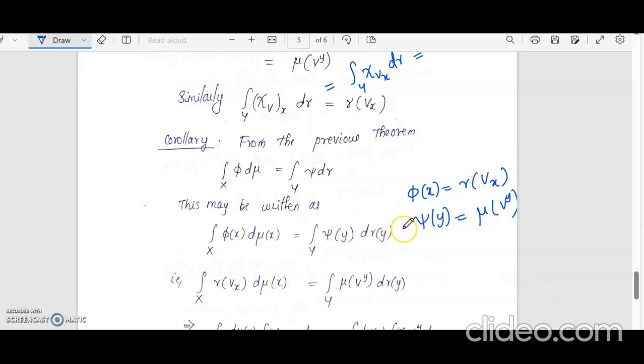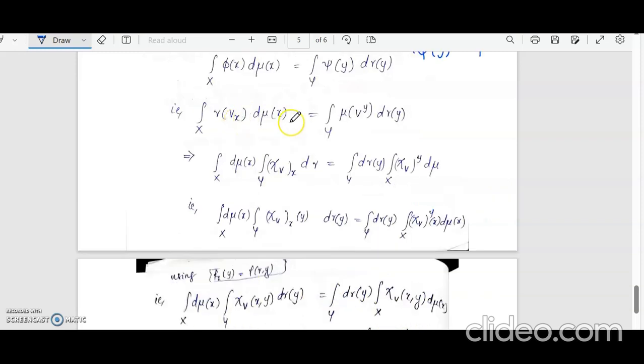So if this is phi and psi, we will have the condition integral over x phi d mu equal to integral over y psi dr. Now substitute the values of phi and psi. So this will be integral over x r of vx d mu equal to integral over y mu of vy dr. Now r and mu in terms of the characteristic function.